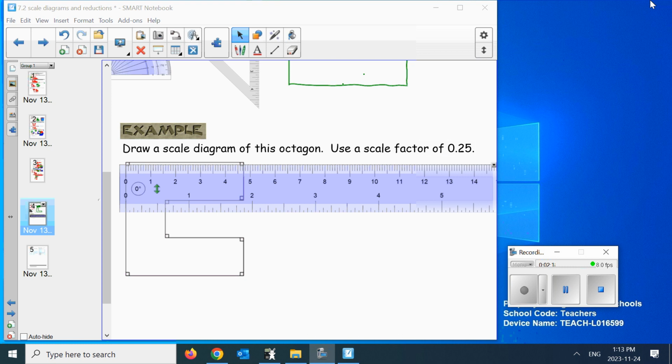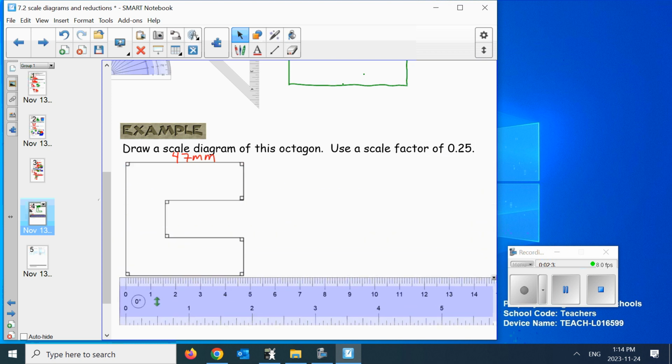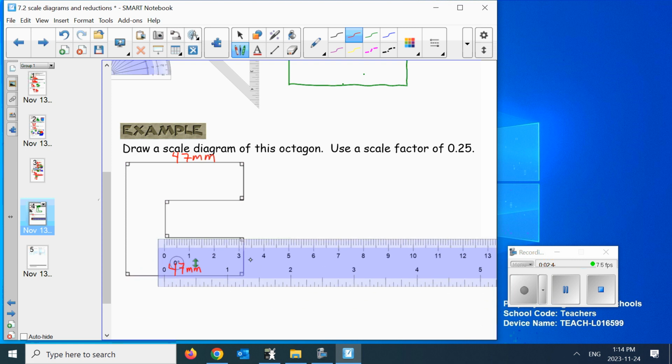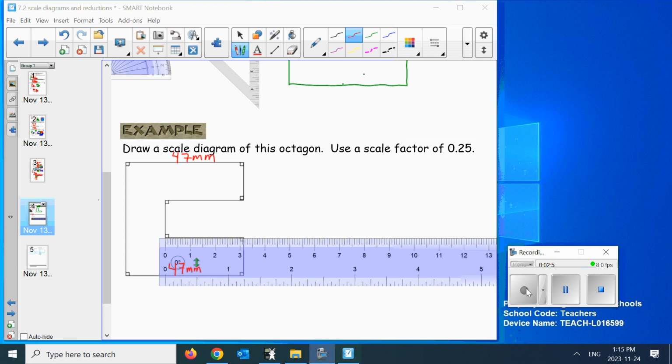As you guys are doing it, I'm going to write down some of these measurements. Okay, I'm going to check over my measurements.